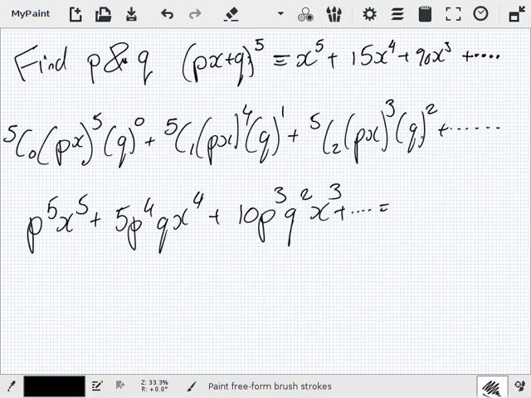And that should equal your x^5 plus your 15x^4 plus your 90x cubed.